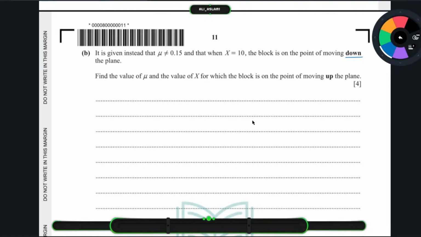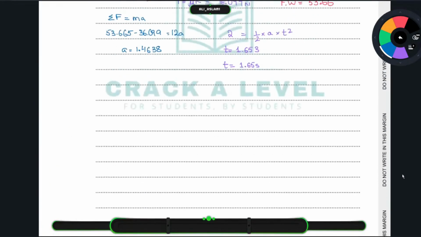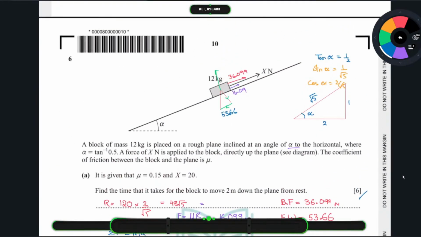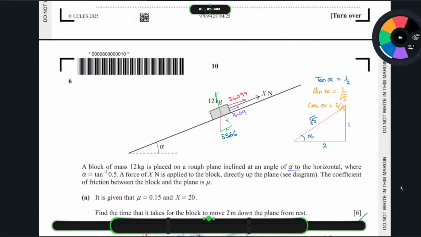So X would be greater than before, for sure. So the parallel component would remain 53.665.